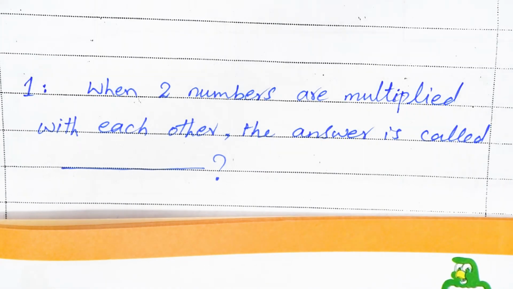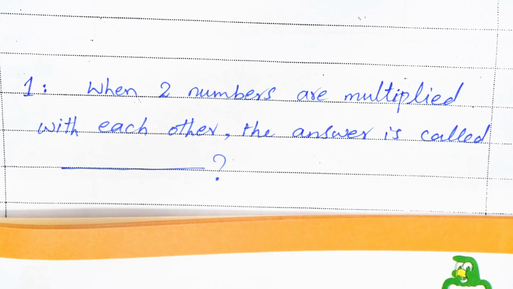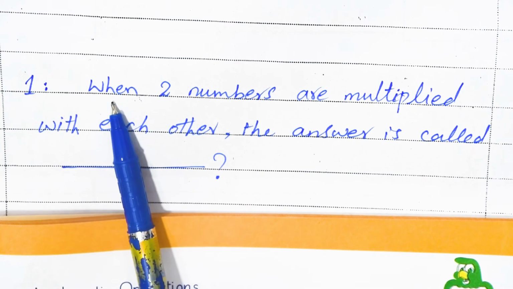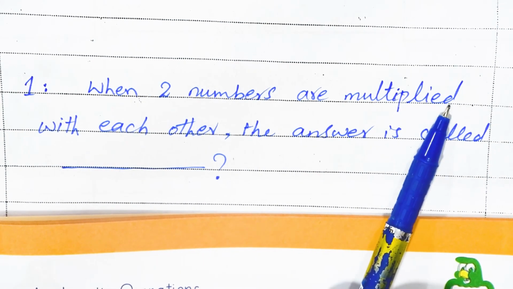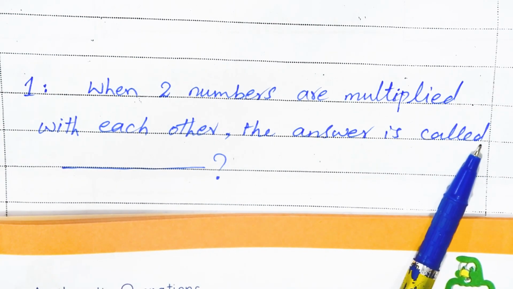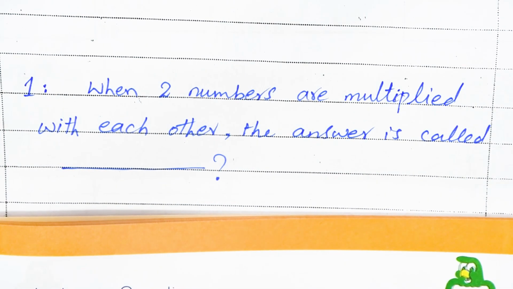Okay students, we have completed our unit arithmetic operations, and when we were doing the exercise for multiplication, I said I will ask you a question. In the last, you have to answer in the comment box of this video. The question is, when two numbers are multiplied with each other, the answer is called. You have to tell me what it is.